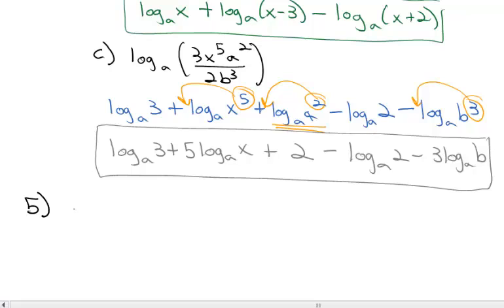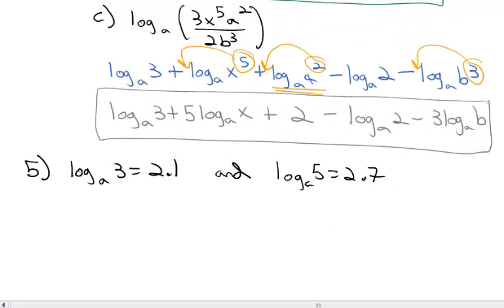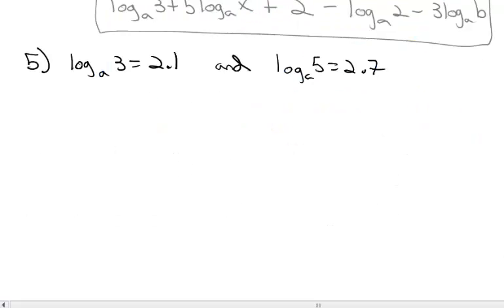For example, we'd be told that log base a of 3 is equal to 2.1. And we'd see the next prime number of 5. Log base a of 5 would be equal to 2.7. And then we would have to use these properties in order to find out what various logs were equal to.